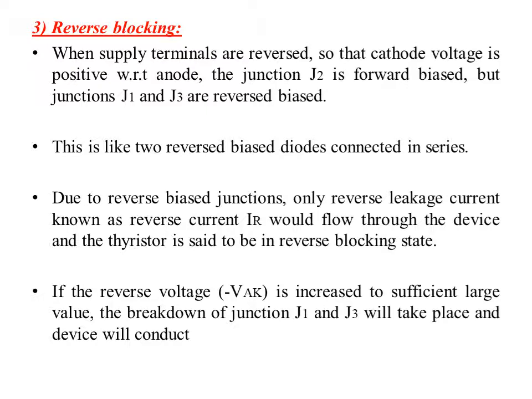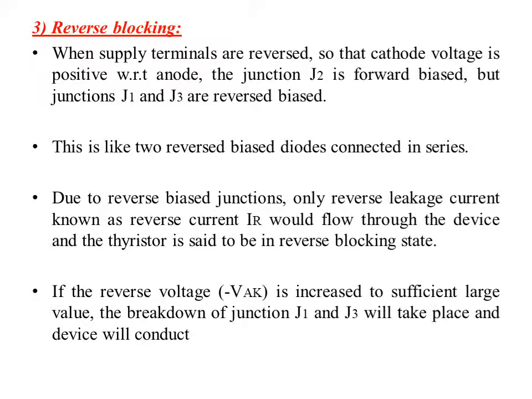If the reverse voltage, that is minus VAK, is increased to a sufficiently large value, there will be a breakdown in junctions J1 and J3, which were reverse biased, and the device will start to conduct as soon as J1 and J3 break down.